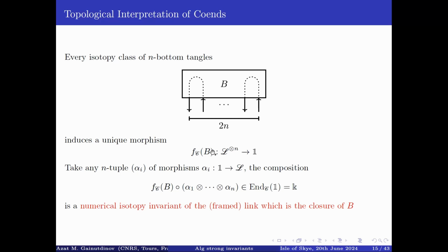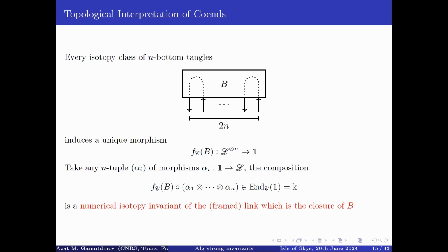And we precompose this map with the tenth power of them. What I get is a number. And this number is a numerical invariant of a framed link, whose closure is the closure of B. Okay, so it gives you a formal way, the coend gives you a formal way to calculate invariants of framed links, but just isotopy invariants.